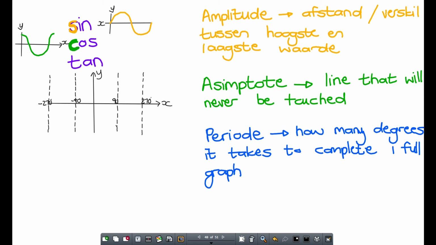So wat gaan die periode wees van 'n tangrafiek? 180 grade. Okay. Between the minus 90 and the 90, again, 180 degrees. Between the 90 and the 270, again, 180. Nee. So die periode van 'n sin en cos grafiek is 360, but the period of a tan graph is only 180.